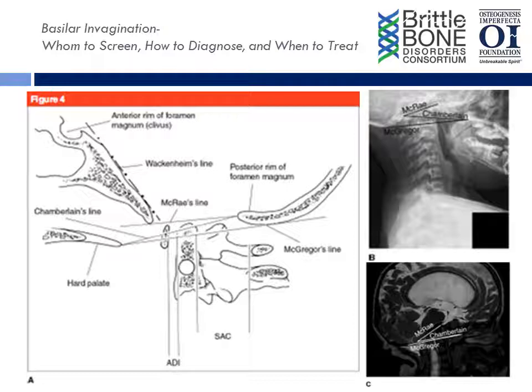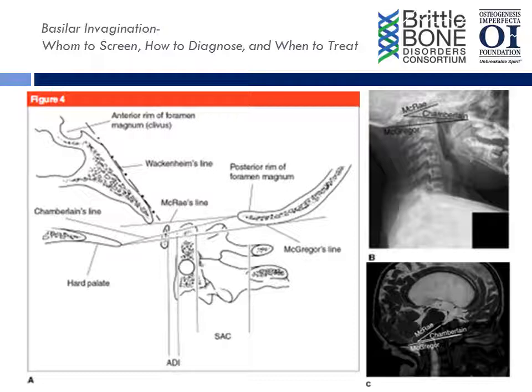The surgery can be pretty complex. It certainly has its share of complications, but it's been our recommendation that unless a child with OI is symptomatic with some of those or a few of those things that I just mentioned, like the sleep apnea, severe headaches, trouble swallowing, trouble with speech, upper extremity dysfunction, or trouble using their hands, then certainly the benefits outweigh the risks of having that surgery done.